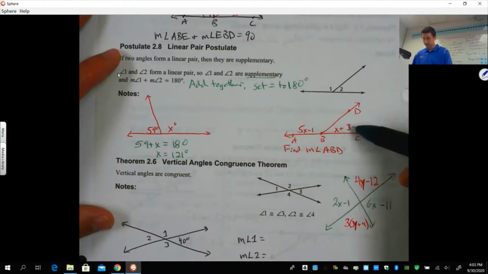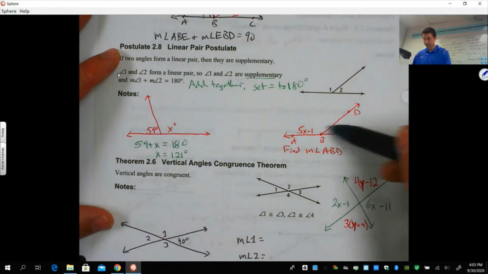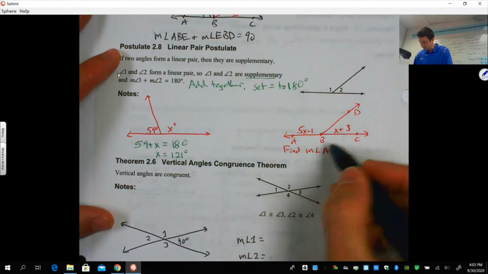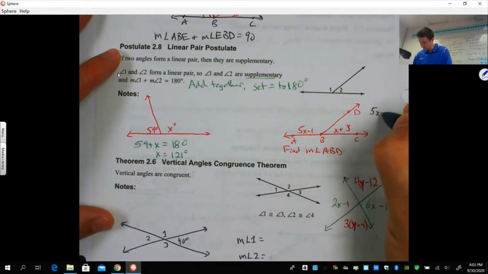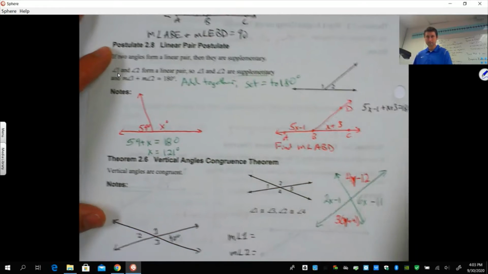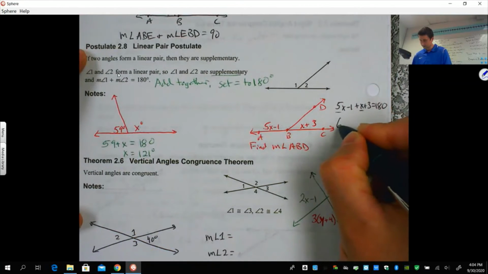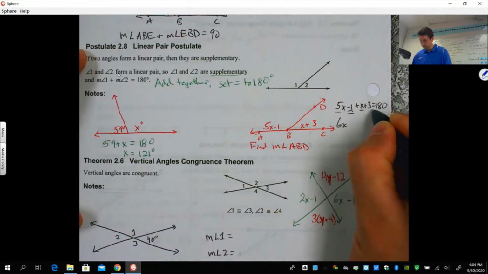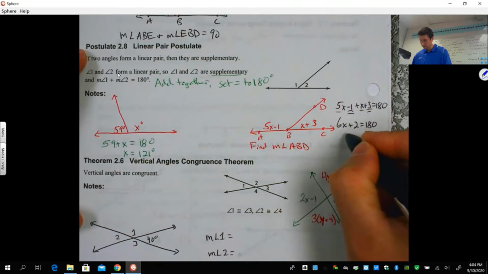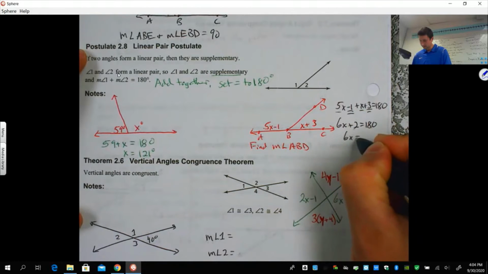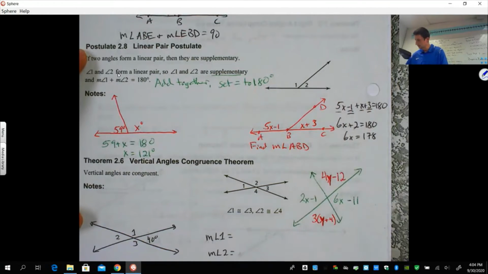Okay, another linear pair, we're going to add these two pieces together, set it equal to 180. So I'd take 5x minus 1 plus x plus 3, that has to equal 180. There you go. Add your x's together, 6x, and negative 1 plus 3, that'd be plus 2, and that equals 180. So now minus the 2 from both sides, 6x equals 178.